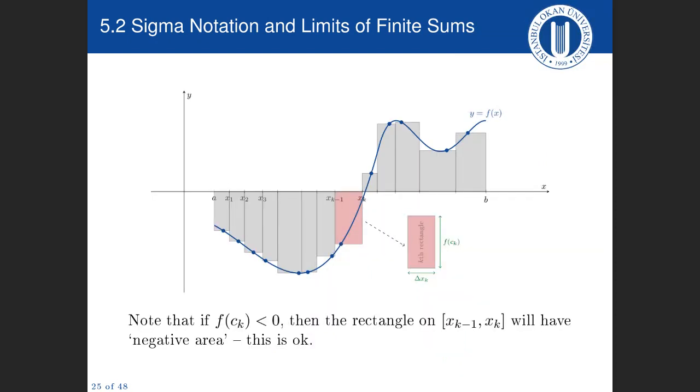Now, wait a minute. If f of ck is negative, then the rectangle we draw is going to go downwards. So it's going to have, in inverted commas, negative area. That's okay. That's what we want. When the function is positive, we want to have positive area. When the function is negative, we want to have negative area.